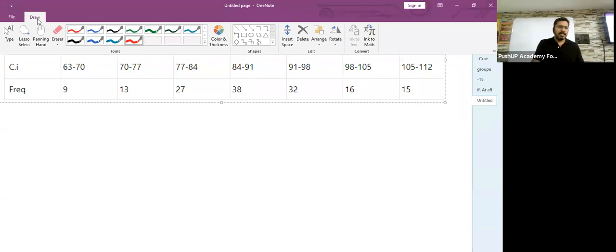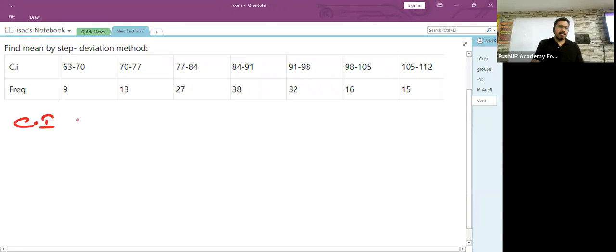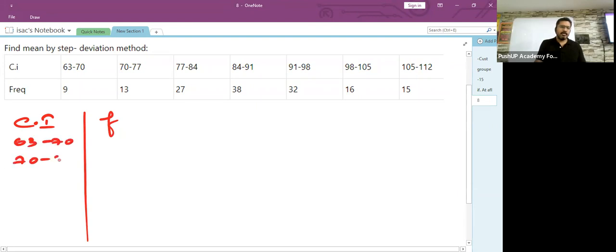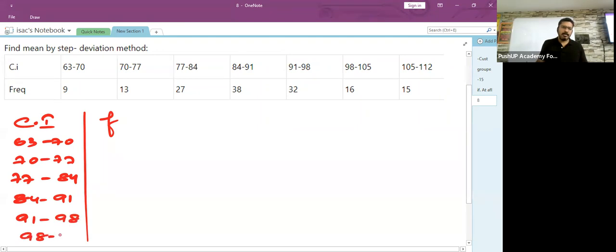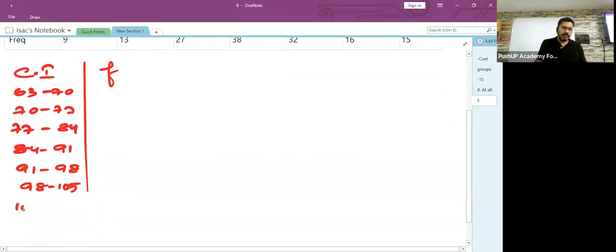Class interval, and then corresponding frequencies. 63 to 70, 70 to 77, 77 to 84, 84 to 91, 91 to 98, 98 to 105, 105 to 112.